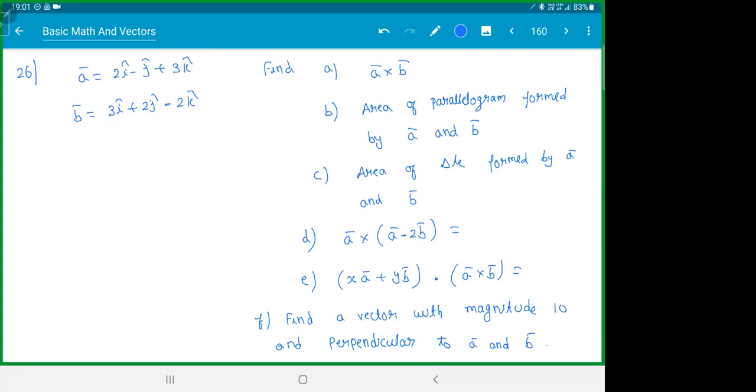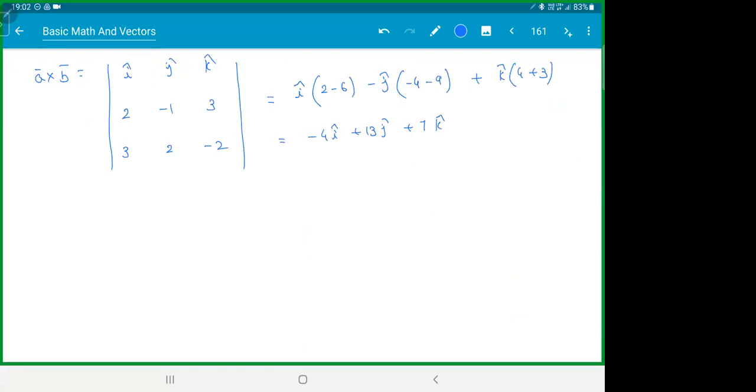Once you got the A cross B, literally B and C will come back. Directly you'll get B and C. Try. Root 234 by 2.